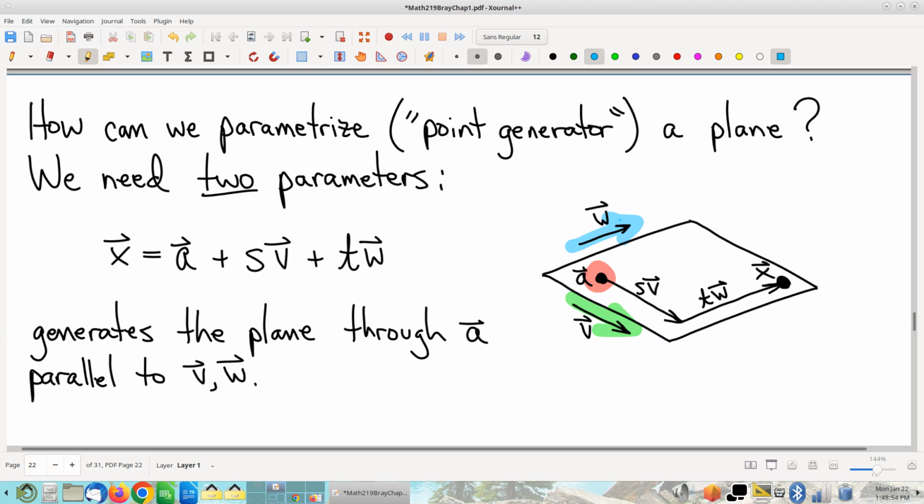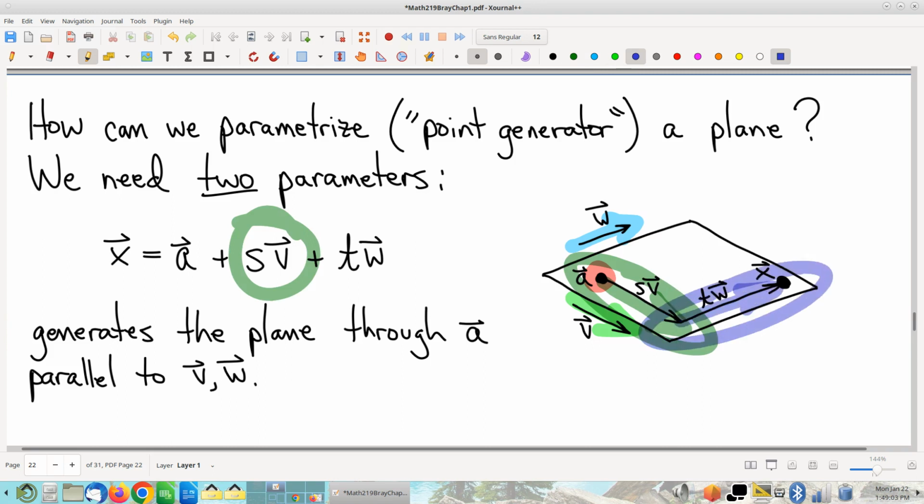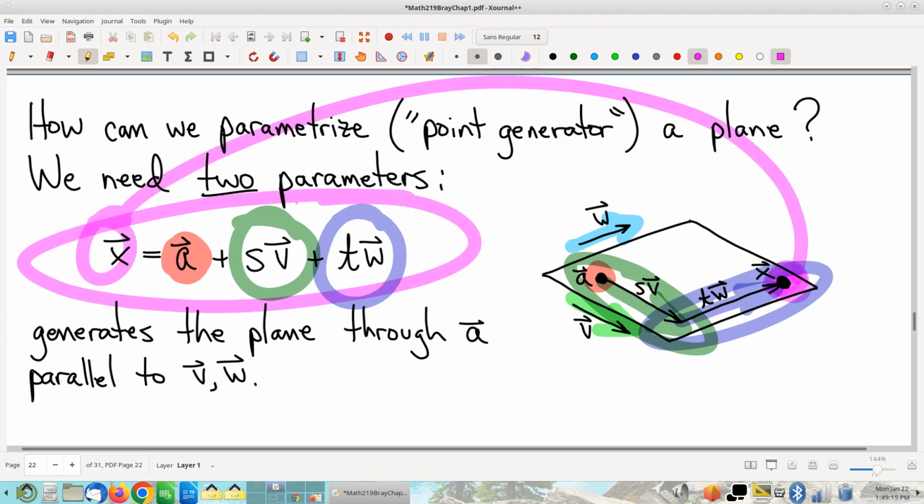And therefore, by way of adding scalar multiples of v and adding scalar multiples of w, you can get from your starting point A to any point you want in the plane. Right? So that means that this is a parameterization. S and T can be any numbers, whatever. Let S be any value you like, T be any value you like.